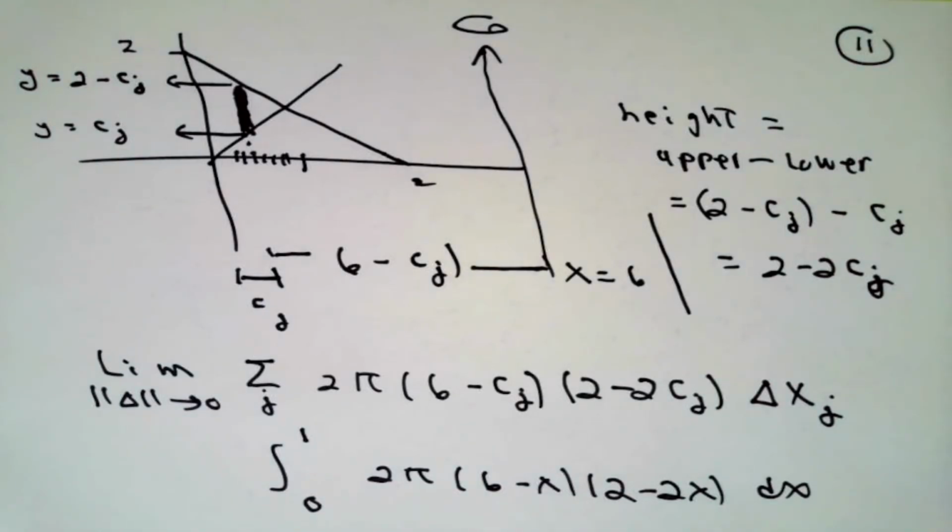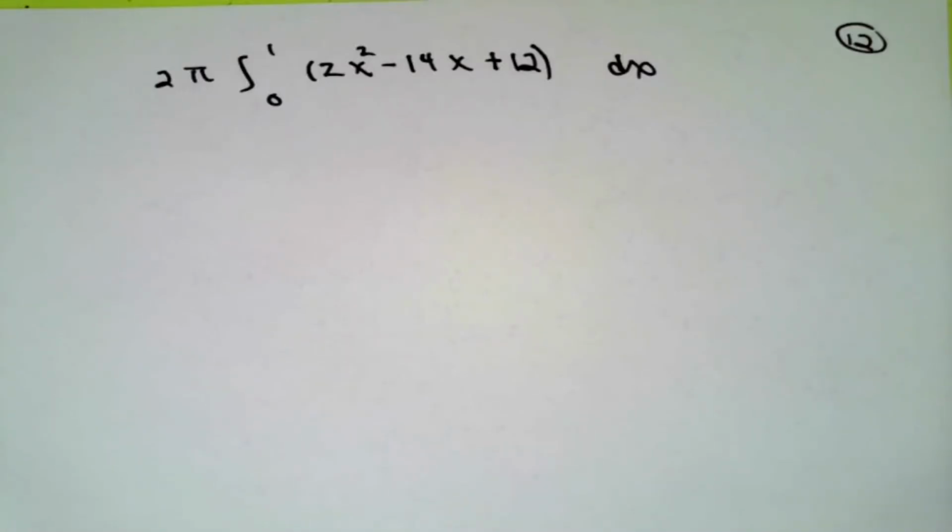Just like one of the previous ones, this is just a polynomial. 2 pi is a constant factor, so it can be brought out front. After doing the FOIL method on the integrand, the thing we're integrating, I find out that I need to evaluate 2 pi times the integral from 0 to 1 of 2x squared minus 14x plus 12.